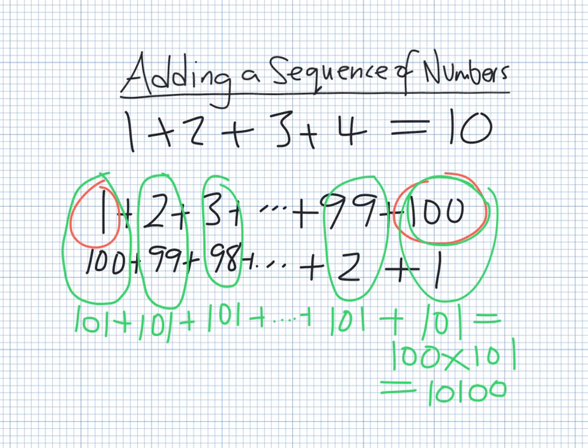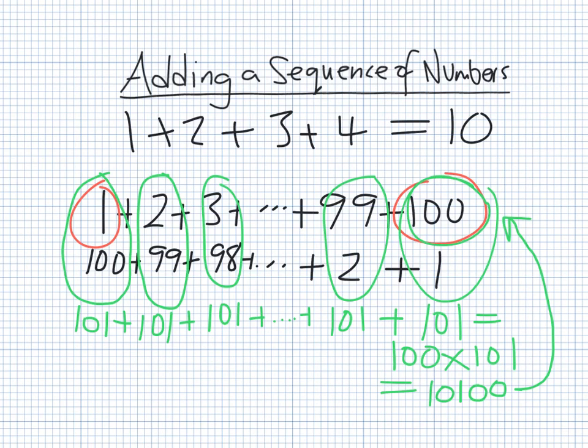Now the cool thing is, this number here can tell us the answer to that sum. What is 1 plus 2 plus 3 plus all the way up to 100? It's not the same as this 10,100, because that's what we get when we add up these two rows together.